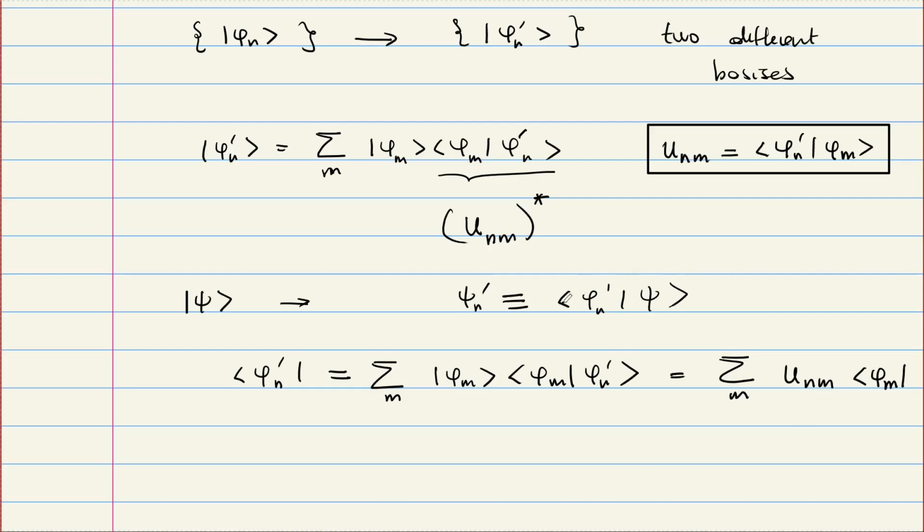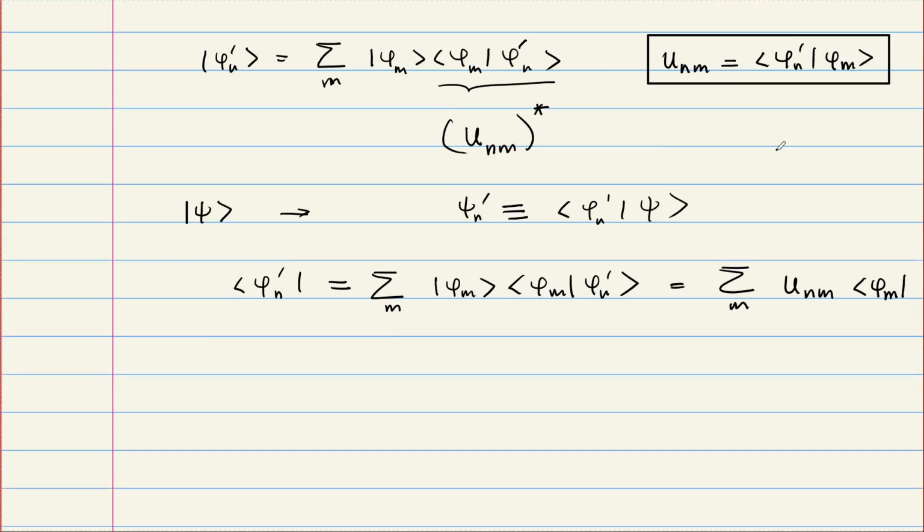Now I want to look at this object, phi n prime psi, which is psi n prime. Psi n prime is equal to, I'll just plug this result into here, sum over m u n m phi m psi.